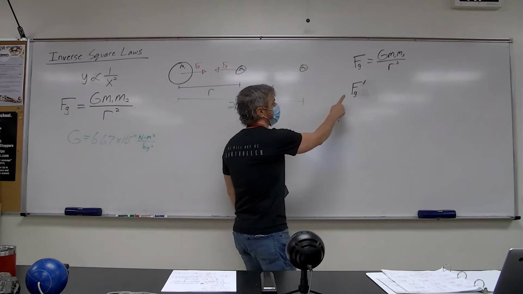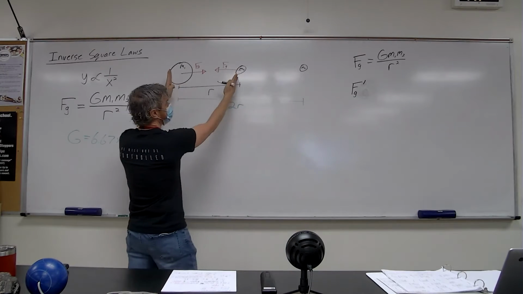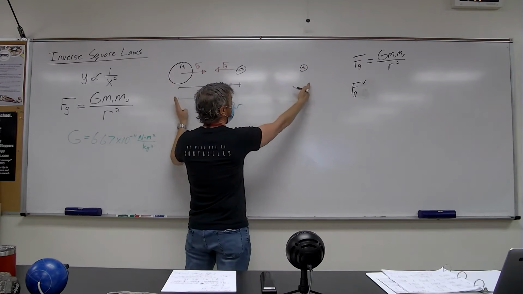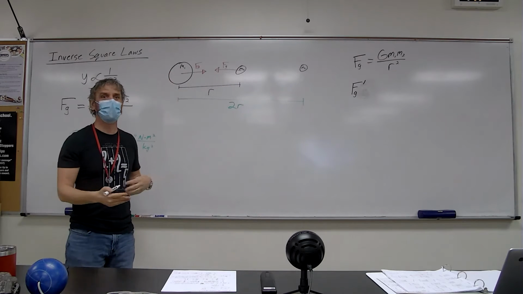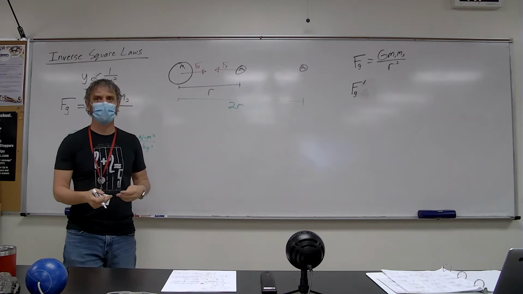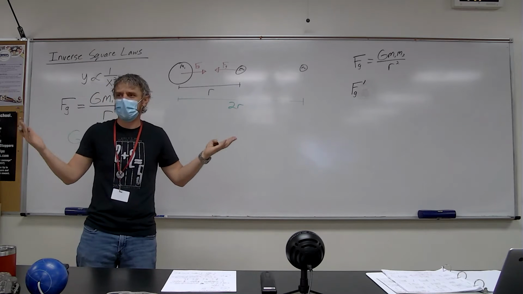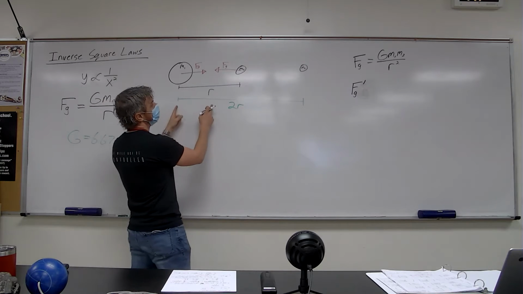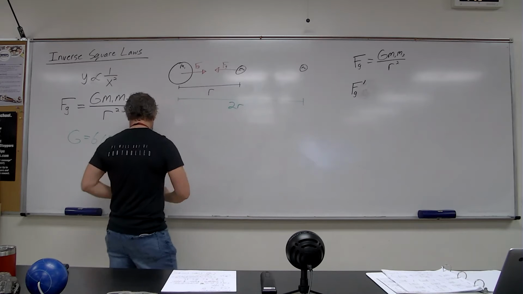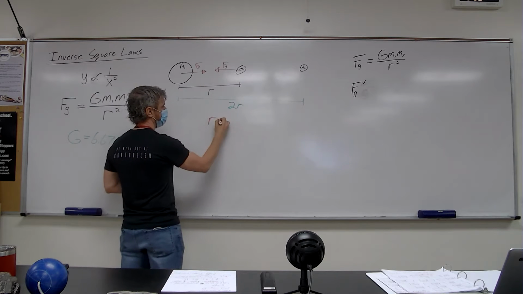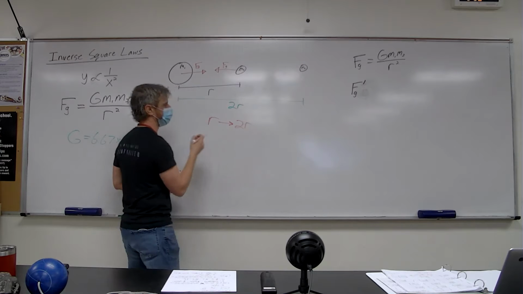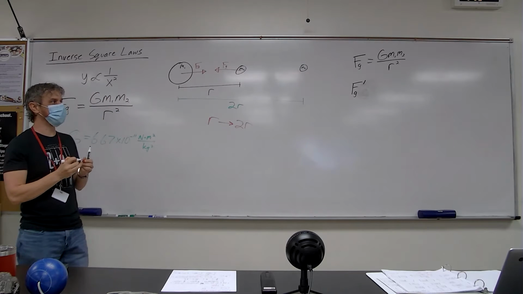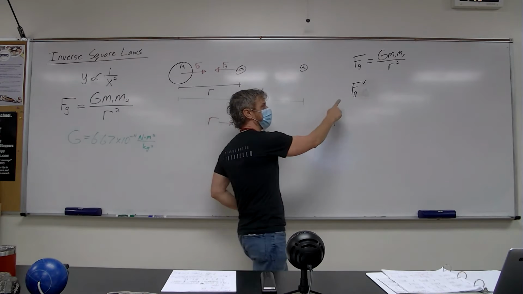So my new gravitational force, when I make that, so here's my original scenario. I modify this scenario. Notice I don't have specific numbers here. I don't have the masses. I don't have the distances. I just want to say, in general, if I double the distance, what happens? Right. So the modification is that I take r and replace it with 2r. Okay, that's the modification that I'm going to make in my new equation.